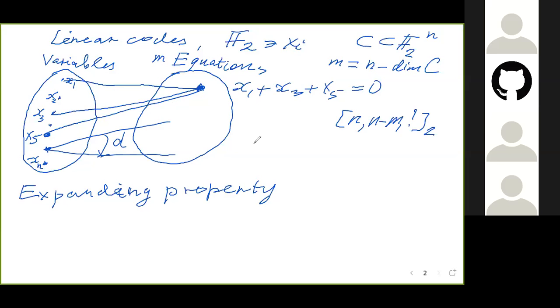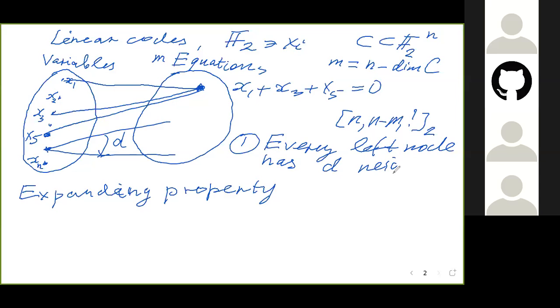Let me write here the first property of the graph. Every left node has d neighbors. In other words, every left node appears in exactly d equations.